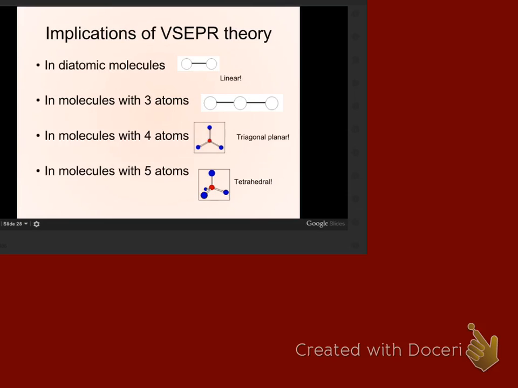VSEPR theory gives us some distinct implications. VSEPR theory says if you have two things that are bonded to nothing but themselves, let's see, well, nitrogen. So nitrogen triple bonds to another nitrogen. They each have an unshared pair there. What is the furthest away that those unshared pairs can get from one another?